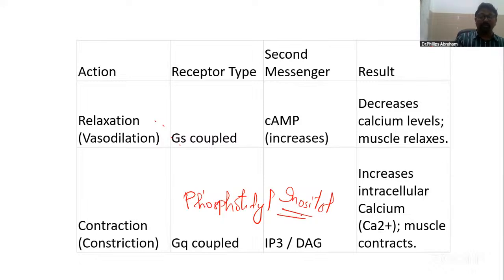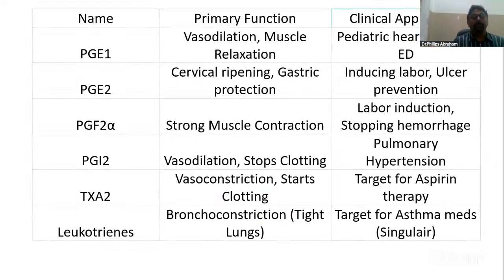From this compound, IP3 and DAG will be produced when the calcium level increases and causes constriction. I'll say some examples now. PGE1, prostaglandin E1: vasodilation, muscle relaxation. But PGE2: vasoconstrictor, so they can induce pain, labor pain, ulcer prevention, cervical ripening.